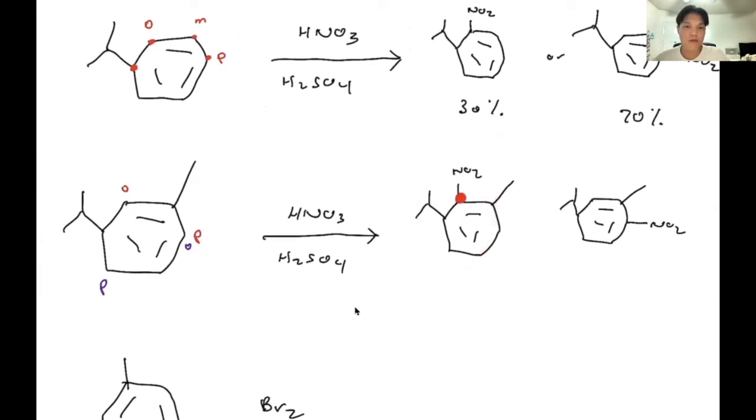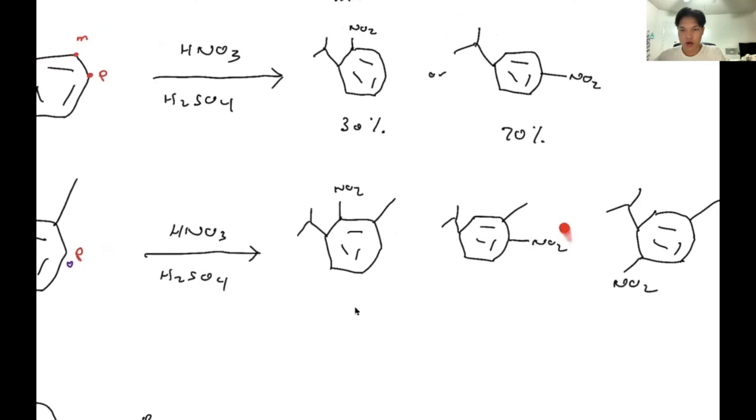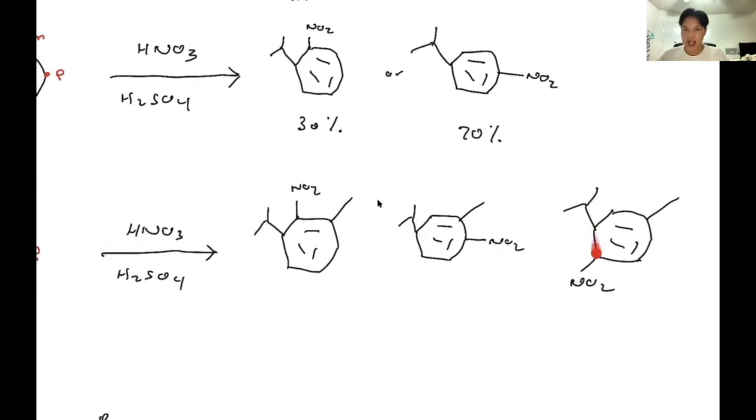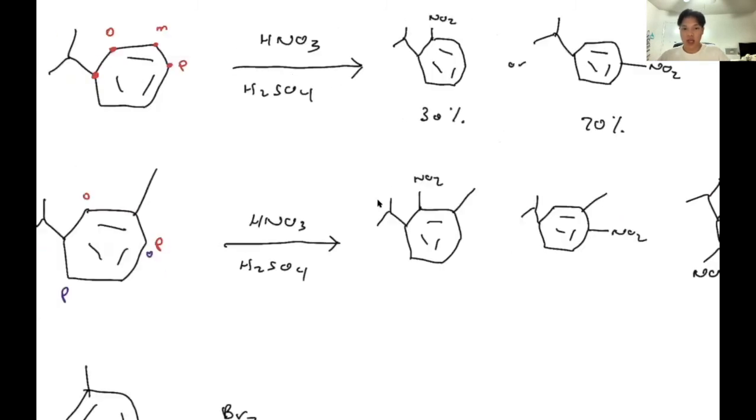So let's look at this position right here. The NO2 group is being added in the middle of these two bulky side chains. In this case, it's added onto a somewhat bulkier group, not as bulky as this isopropyl group, but a group that has a methyl, and in this case, it's added to the group right next to the isopropyl chain, right?